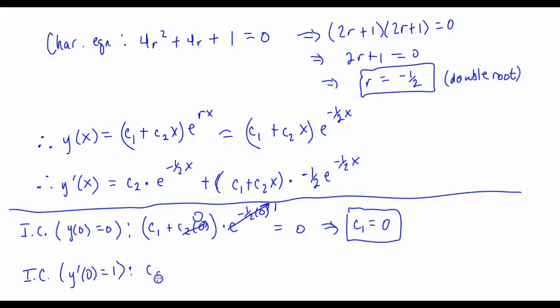So here we have C2 times e raised to the negative 1/2 times 0 plus, now here we have 0 plus C2 times 0. And I guess it really doesn't matter what all this other business is because it's all going to be 0 here. And all of this is going to equal 1.